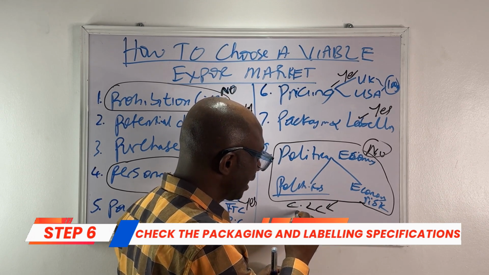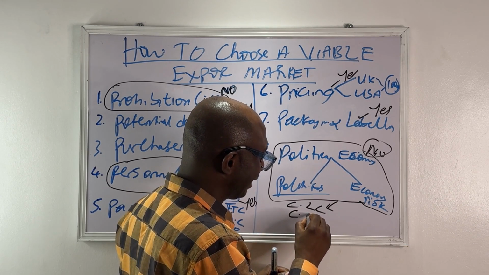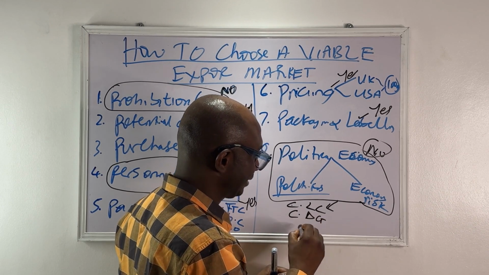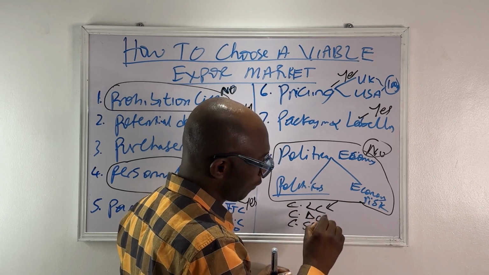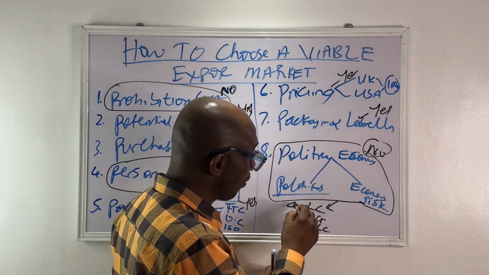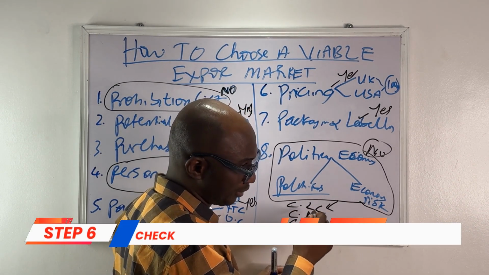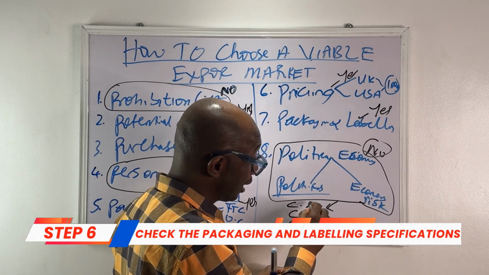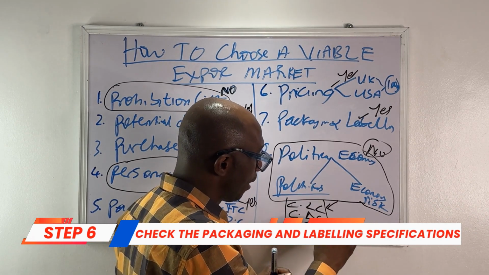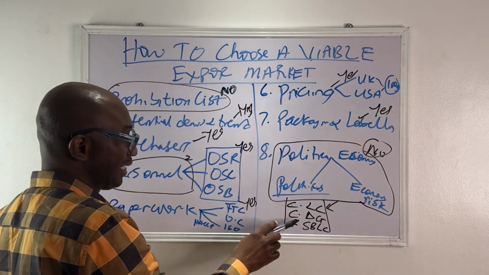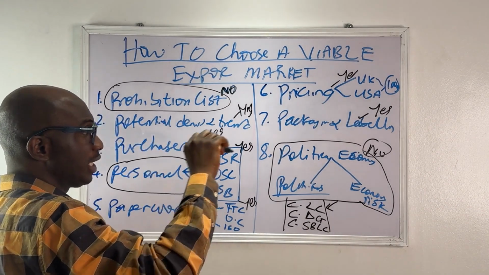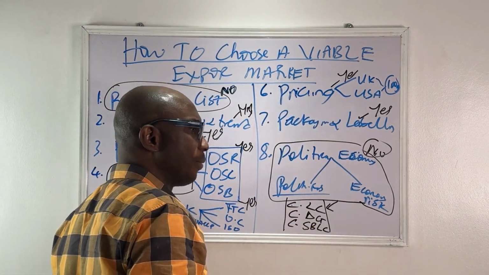I can use a counter guarantee, counter demand guarantee. I can use a counter standby letter of credit. We've not talked a lot about letter of credit, maybe in another video. All these trade instruments, we'll look at them in another video. But what that means is that if this is no, I can still go ahead, and this is where I'll protect myself.